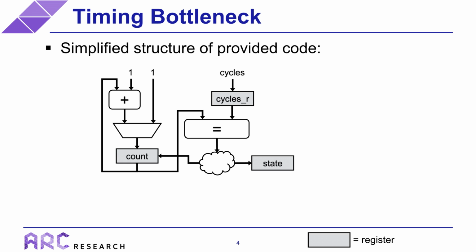Now, one key part of the circuit is the comparator, which determines when the count has reached the specified number of cycles. And the output of this comparator affects both the next state and the enable for the count register. All right, so let's jump into Quartus and take a look at where the timing bottleneck occurs for this current architecture.